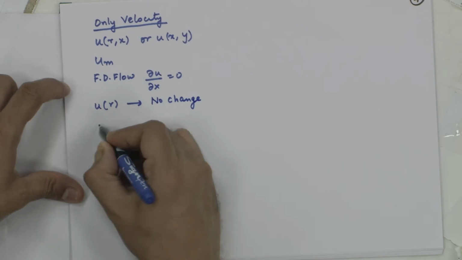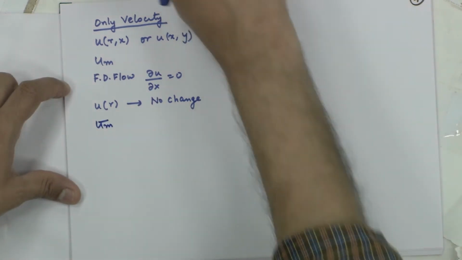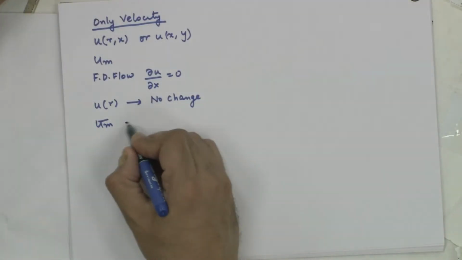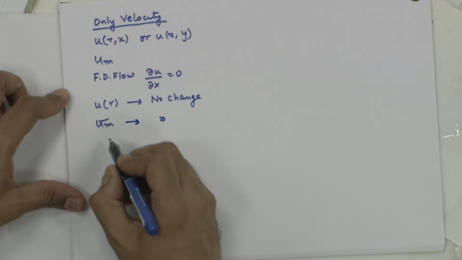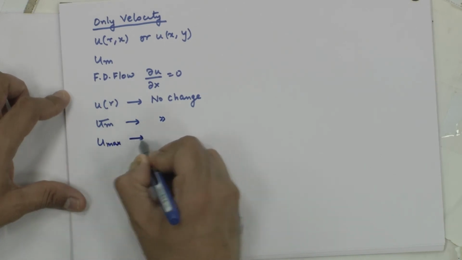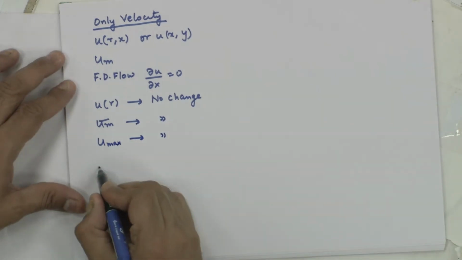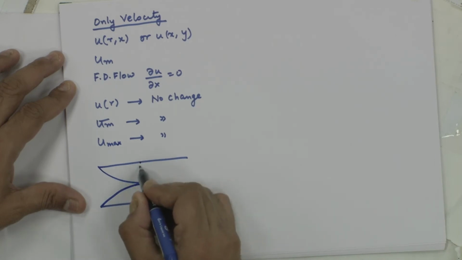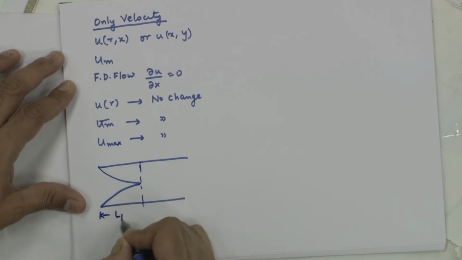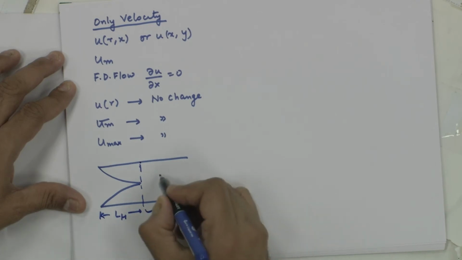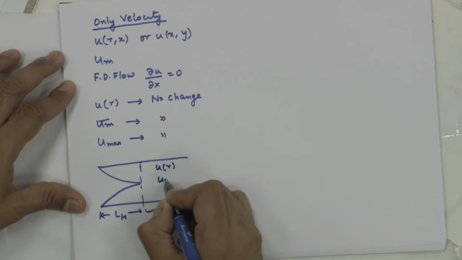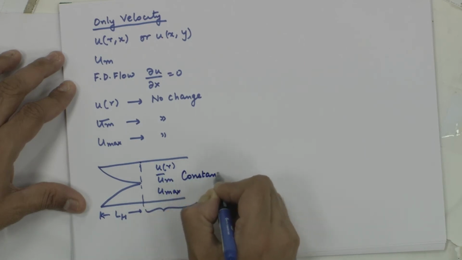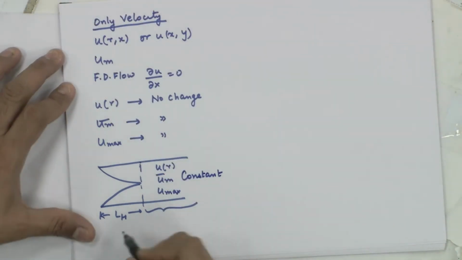If this was not changing, u bulk mean, which is nothing but an integrated form of this, is constant, and u maximum has no change. Once you come to the location of the hydrodynamic entrance length LH, from here on, u of r, u bar and u max are all constants. Okay. This is the hydrodynamic part.